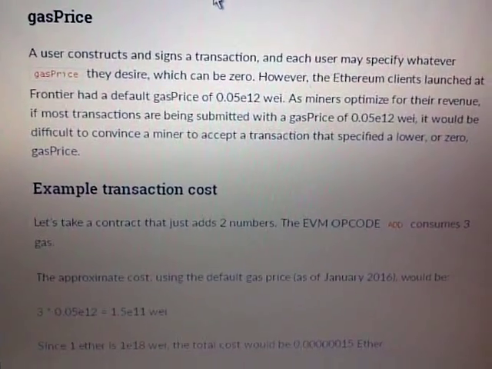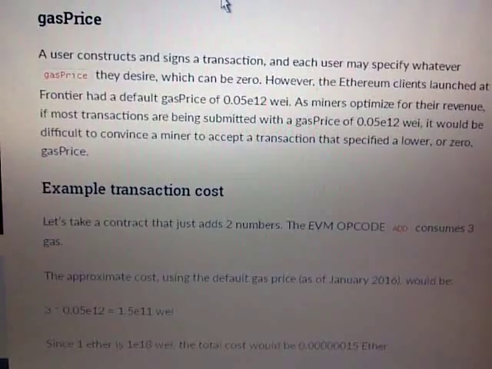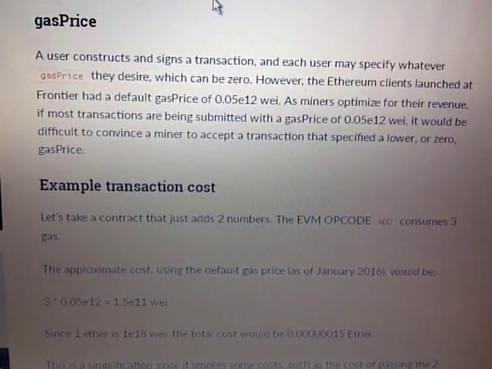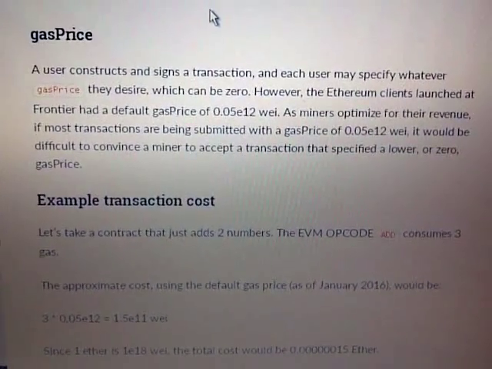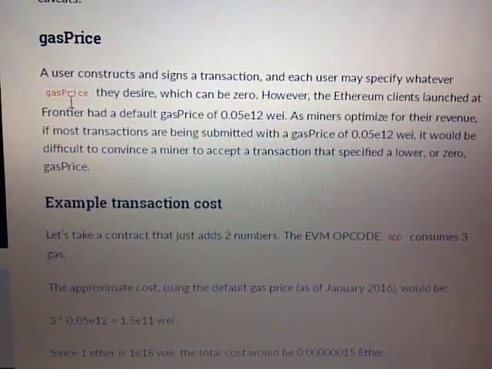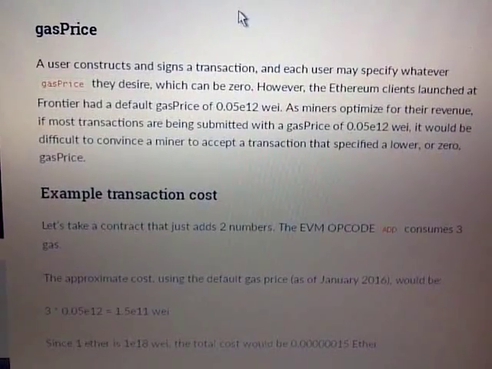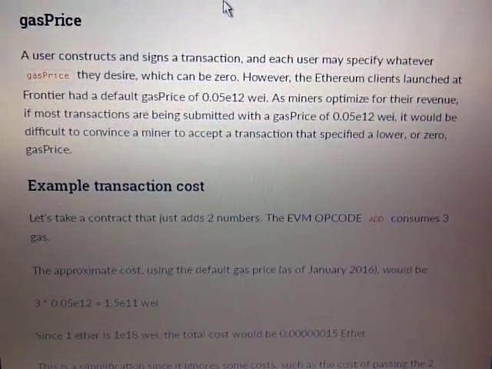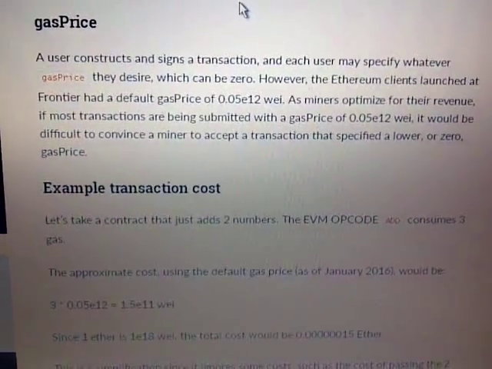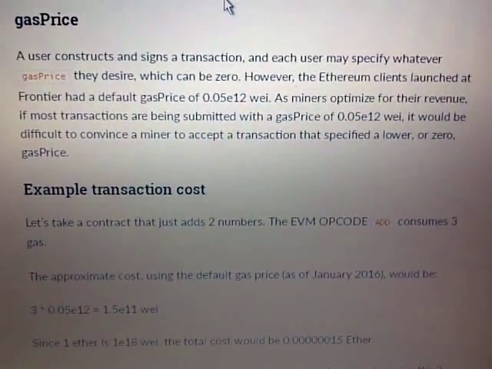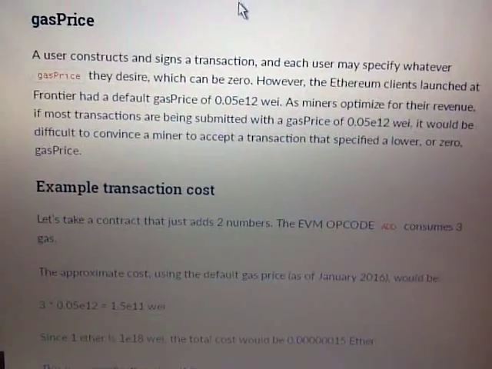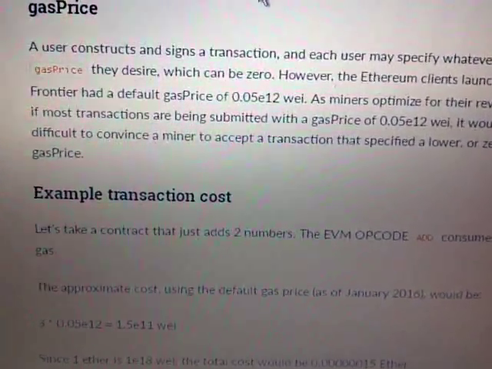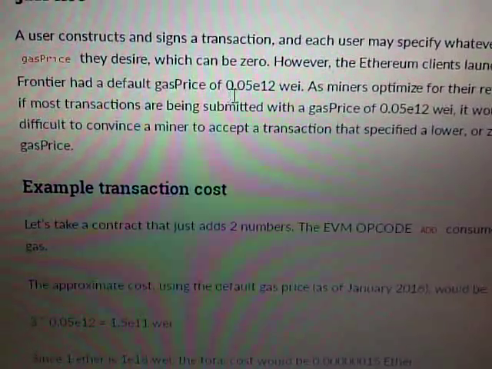It says, the user constructs and signs a transaction, and each user may specify whatever gas price they desire, which can be 0. Okay, it can be 0. However, the Ethereum client launched at Frontier had a default gas price of, if you look at it, 0.05.